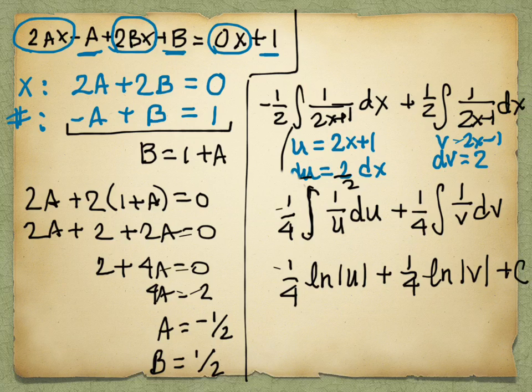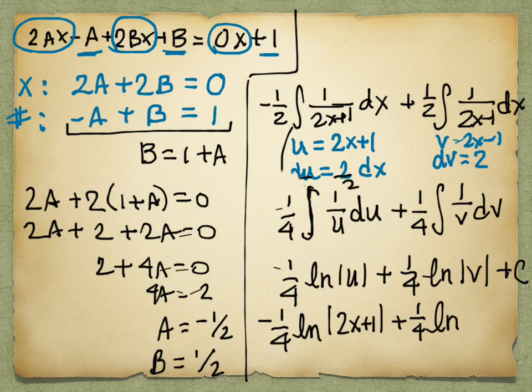Awesome. Then I'm going to put my u and my v back in there, right? So this is negative 1/4 natural log of what? And plus 1/4 natural log of what? 2x minus 1.